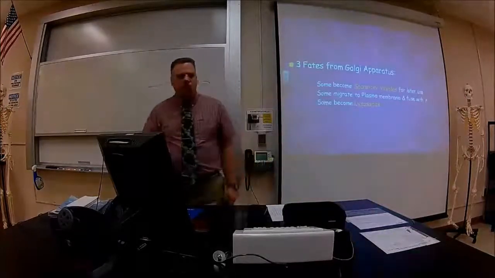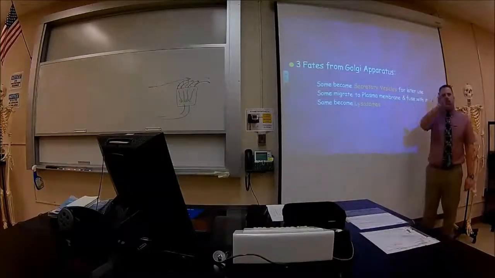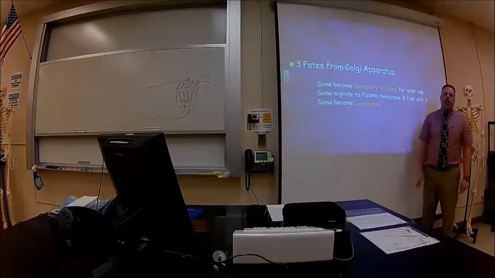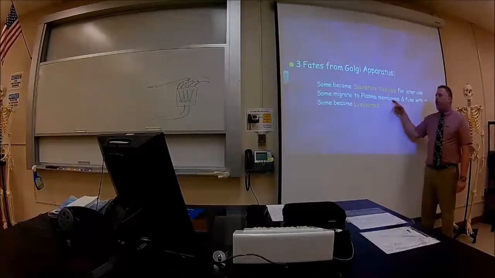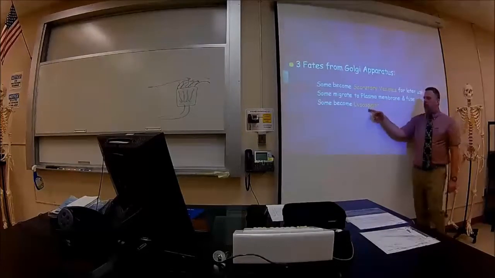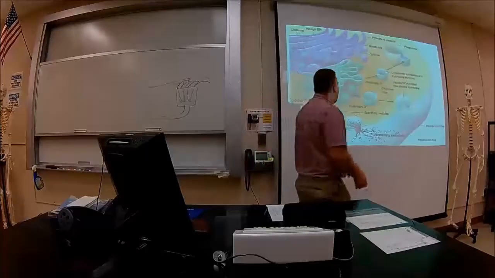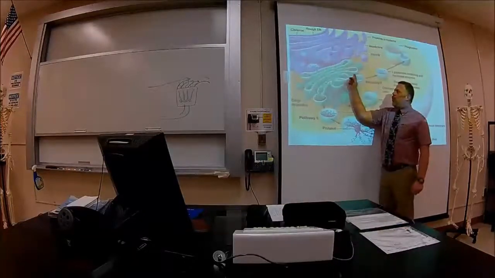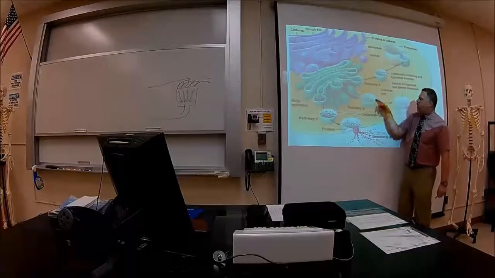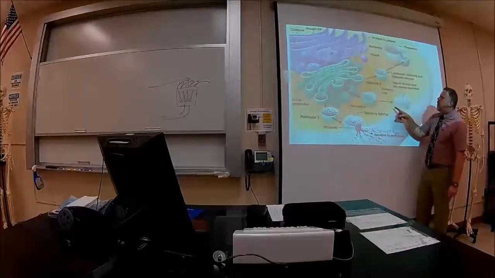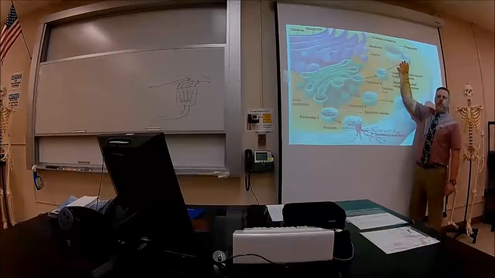It could either just be a secretory vesicle that could be stored throughout the cell and used for a later use, or it can actually become part of the plasma membrane, or it can also become a lysosome itself. So it's kind of showing you here the Golgi apparatus. Here's one pathway that can come out later on. It can go like this, can become part of the membrane itself, or it can become a lysosome that will go in and do whatever the lysosome needs to do.